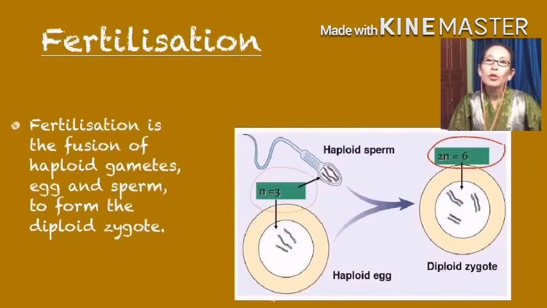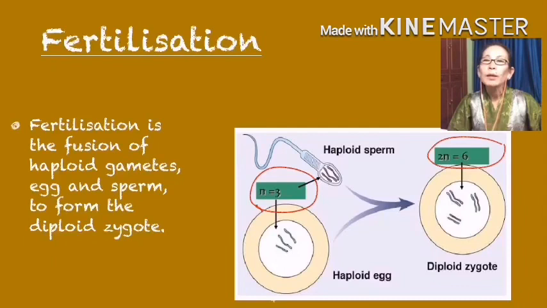Let's look at the illustration of the zygote. What you can see here is, after fusion, the zygote cell has 3 pairs of chromosomes, or a total of 6 chromosomes. So this shows that the zygote has received a set of chromosomes each from the egg and sperm cell.